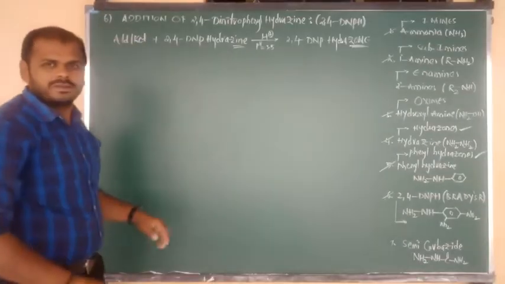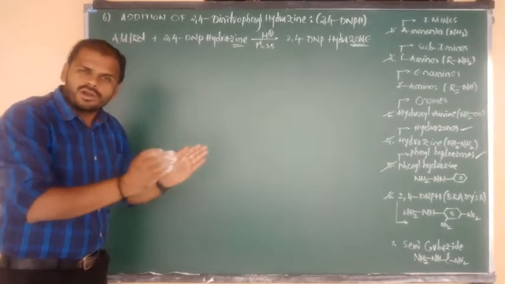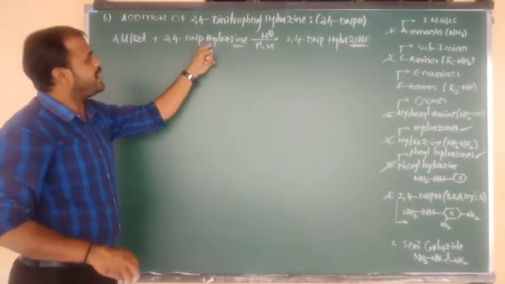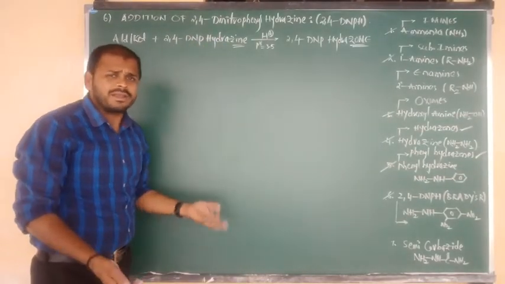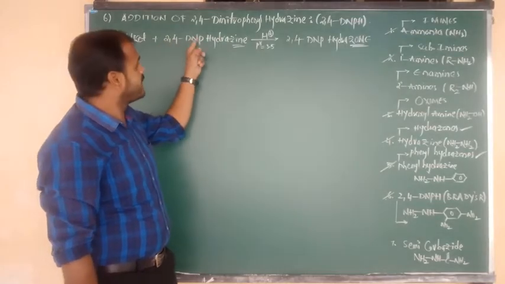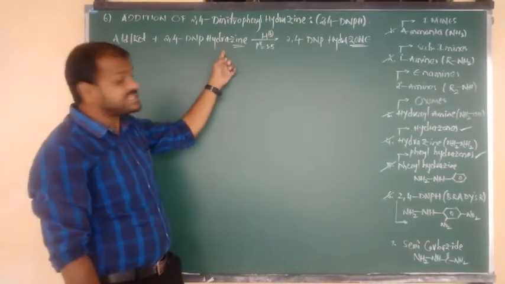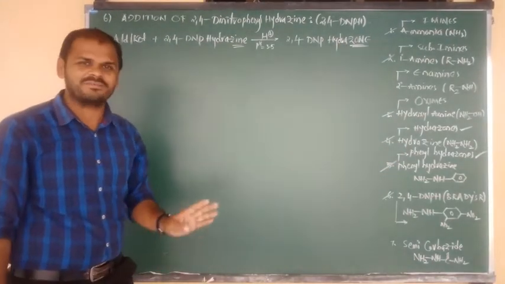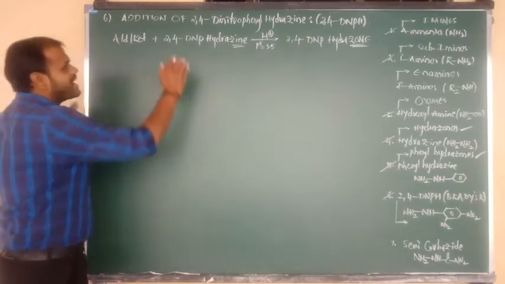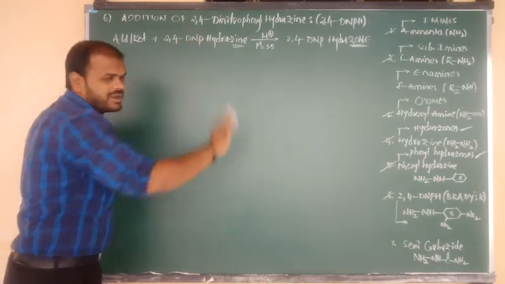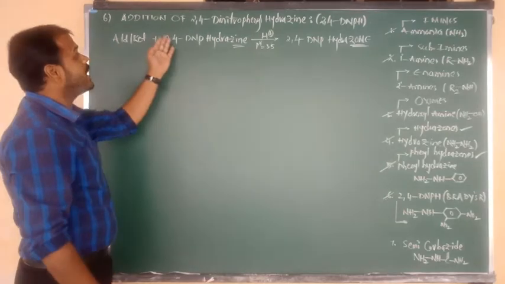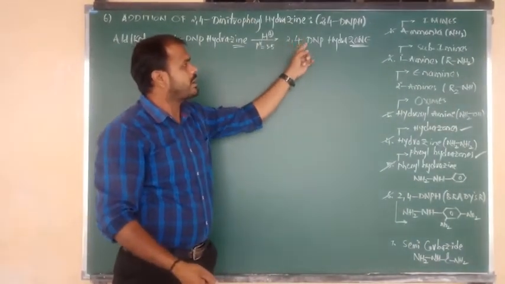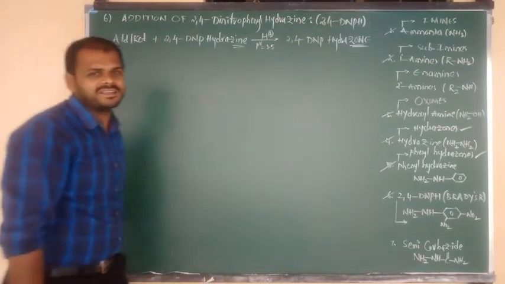Aldehydes and ketones upon reaction with 2,4-dinitrophenylhydrazine, and the product is 2,4-dinitrophenyl hydrazone after the elimination of a water molecule. Try to remember the name: 2,4-dinitrophenylhydrazine converted into 2,4-dinitrophenylhydrazone. That is the product.